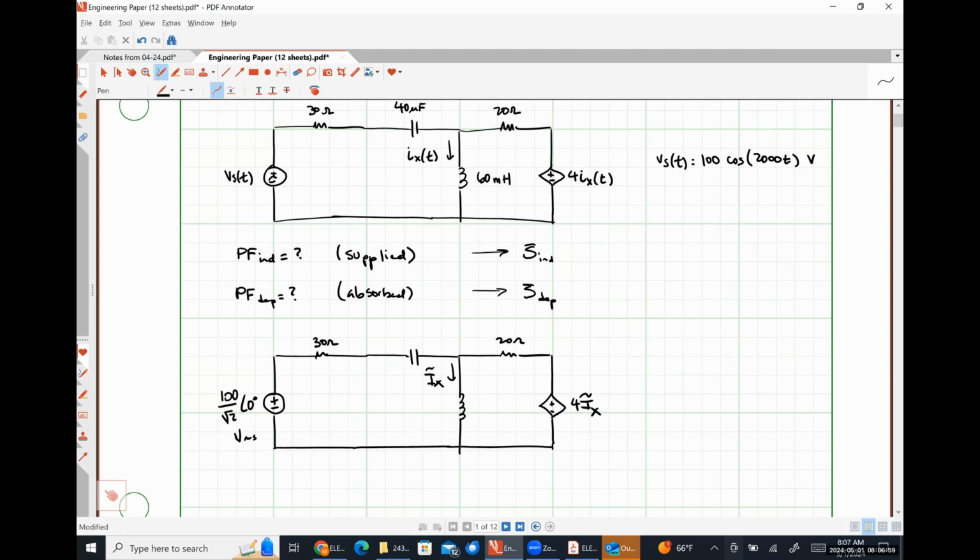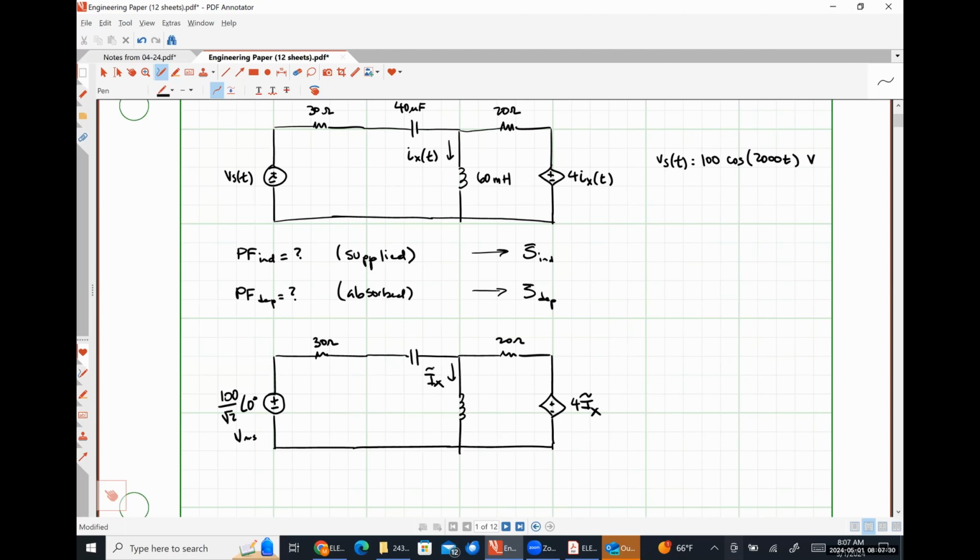All right, so the impedance of our capacitor. What's the impedance of a capacitor in general? Negative j over omega C. All right, so negative j over, so what's omega here? 2000 radians per second. C is 40 micro, so that's 40 times 10 to the minus 6.